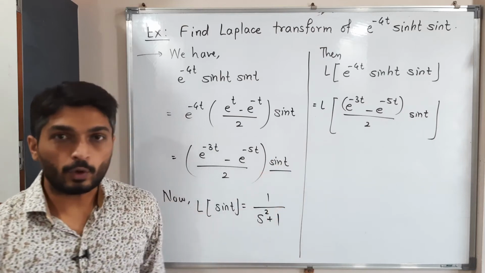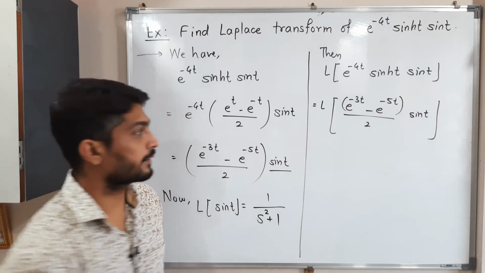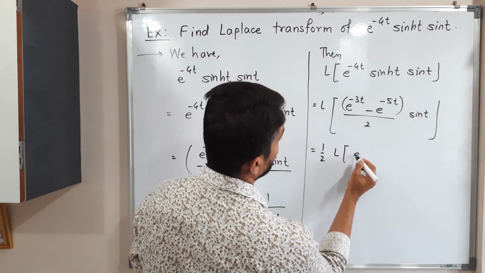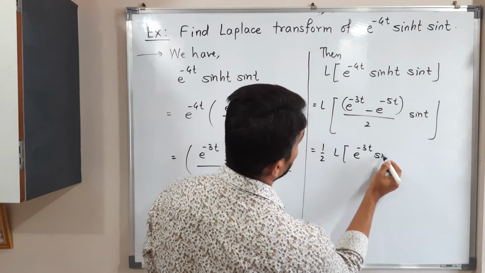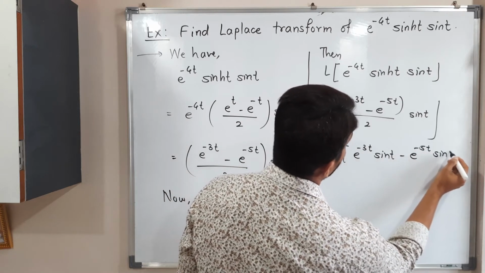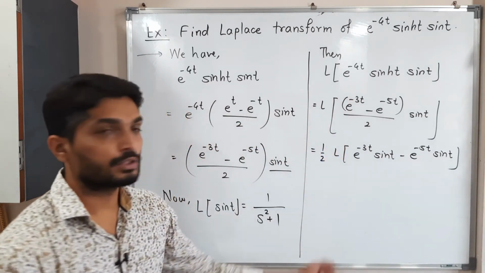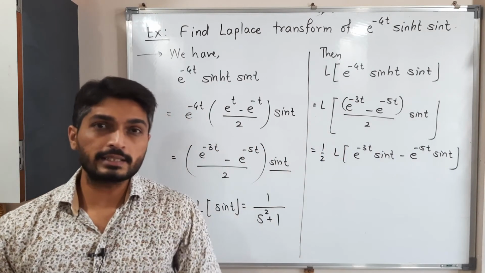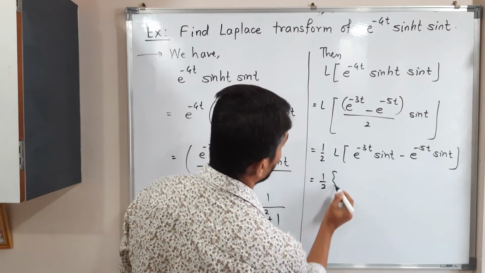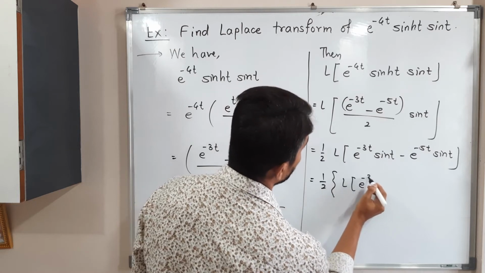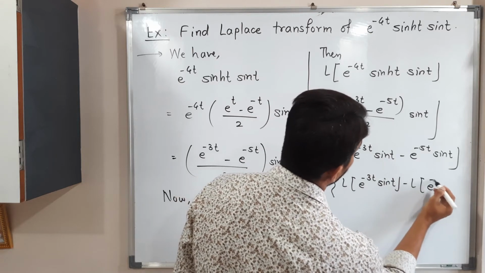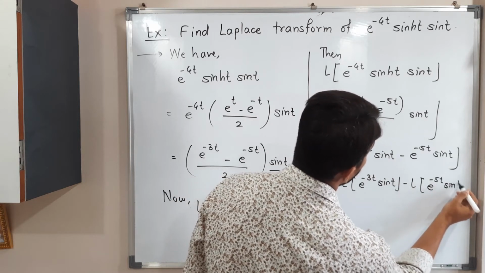The 1 by 2 is a constant, we can take it outside. So Laplace of, let us take the product, e raised to minus 3t sin t minus e raised to minus 5t sin t. As the minus sign is there, we can take separate Laplace. So 1 by 2 Laplace of e raised to minus 3t sin t minus Laplace of e raised to minus 5t sin t.